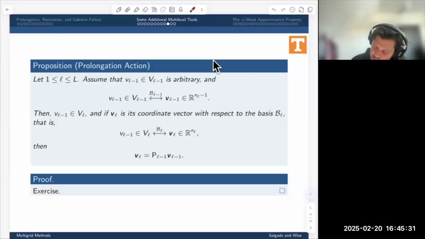I think that's also a typo there. So this guy here needs to be a subscript. It should be N_{L-1}. The minus 1 should be in the subscript.